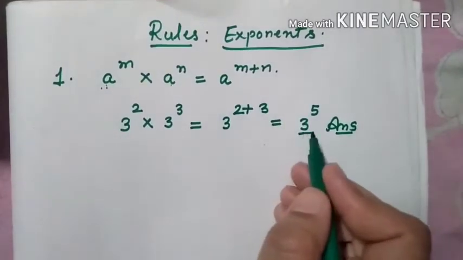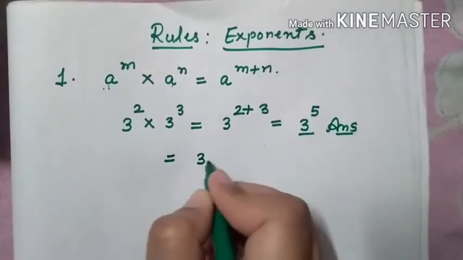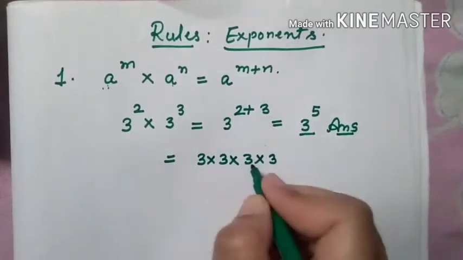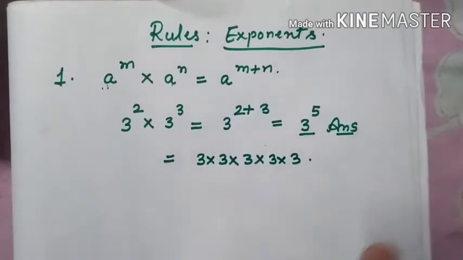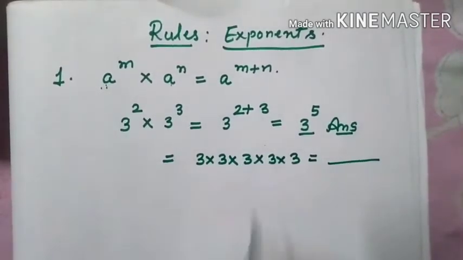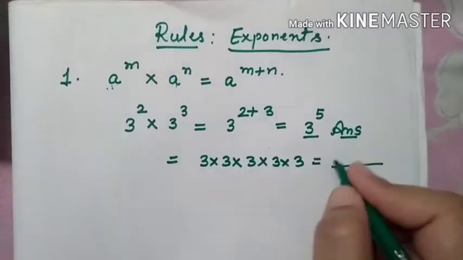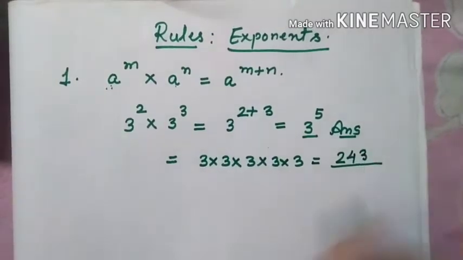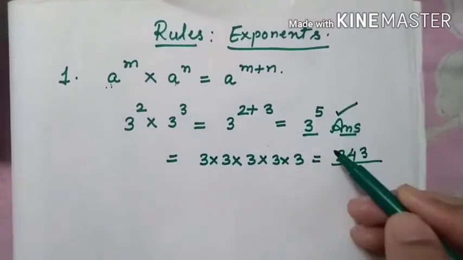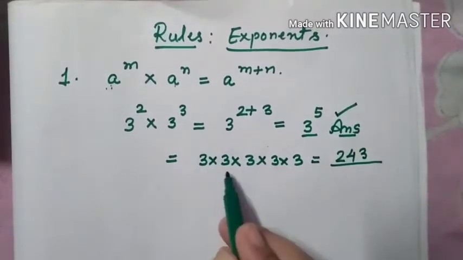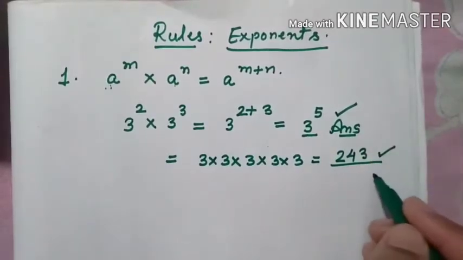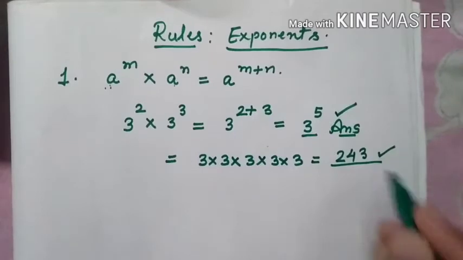Or we can write this in expanded form also, that is 3 into 3 into 3 into 3 into 3, or we can multiply this number and write the answers. That is 243. Is that clear? We can write 3 raised to the power 5 also, or we can write it in expanded form also, that is 243. Both are same and correct answer.